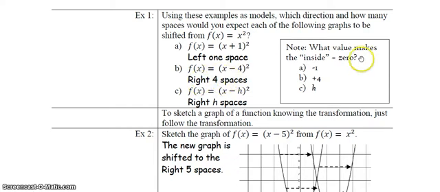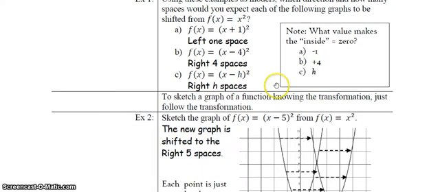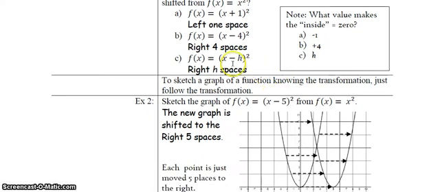One way to look at this is to note what makes the inside x plus 1 equal to 0. Negative 1. And where's negative 1? 1 space left. How about here? What makes x minus 4 equal to 0? Right, positive 4. So 4 spaces to the right. What about h? Since we don't know what h is, we'll just say to the right h units.